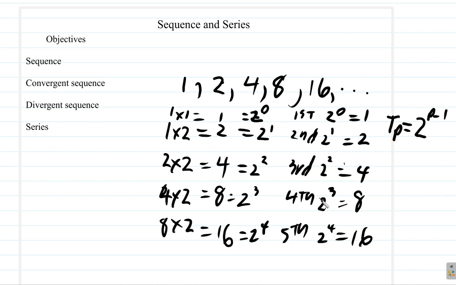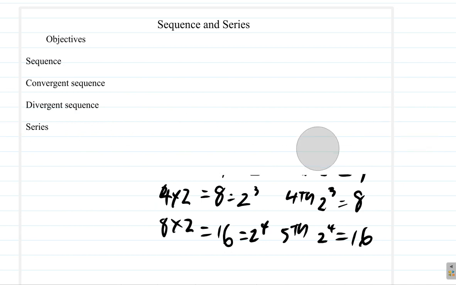Term number 4 is 2 to the 4 minus 1, which is 2 to the 3. Term number 5 is 2 to the 5 minus 1. So our formula, T_P is 2 to the P minus 1, works as well. So the formula we used before works, and this formula, of course, works as well. So these are examples of sequences.